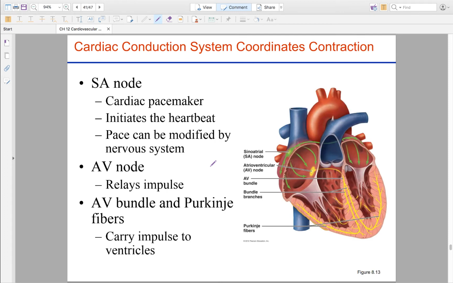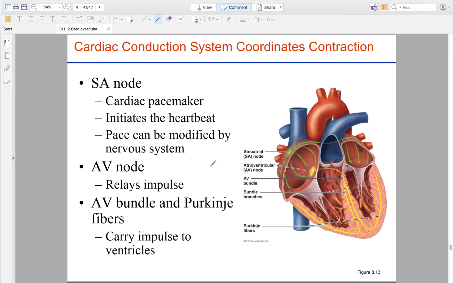Okay, the next thing is the cardiac conduction system. Now, I've told you several times, maybe not. I'm not sure if you remember. Either way, the fact is that the nervous system is the boss. The brain and all of the nerves are in charge of everything.